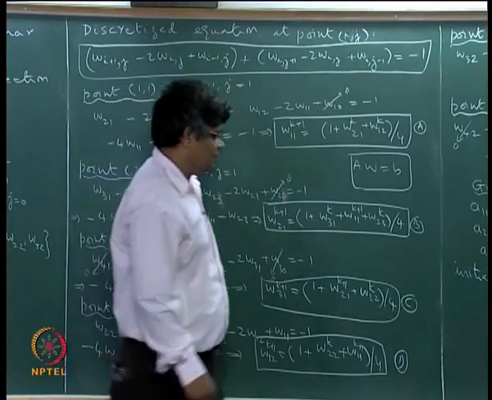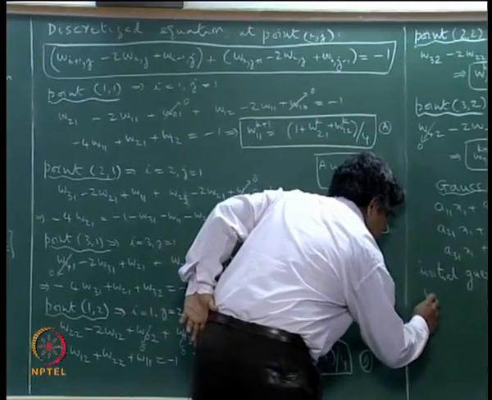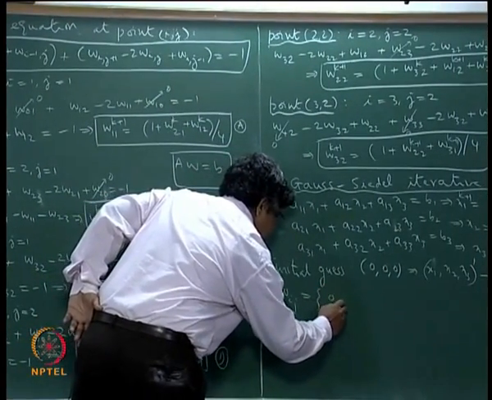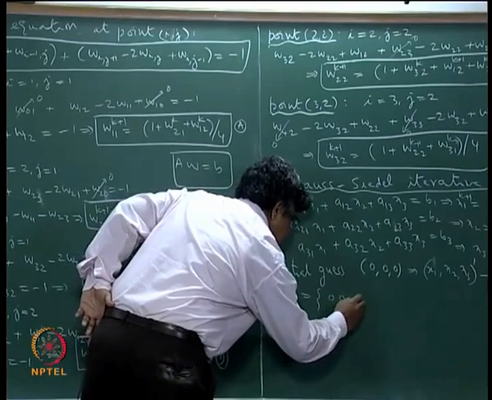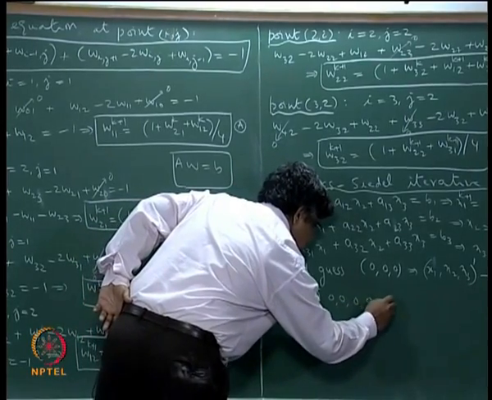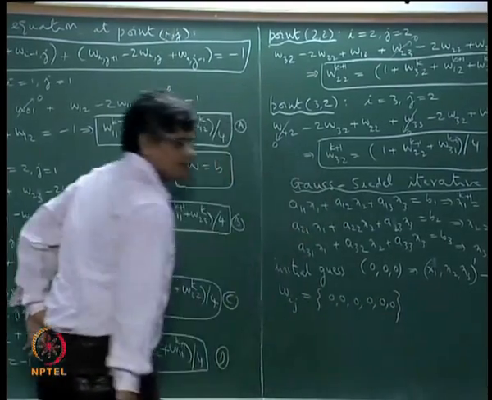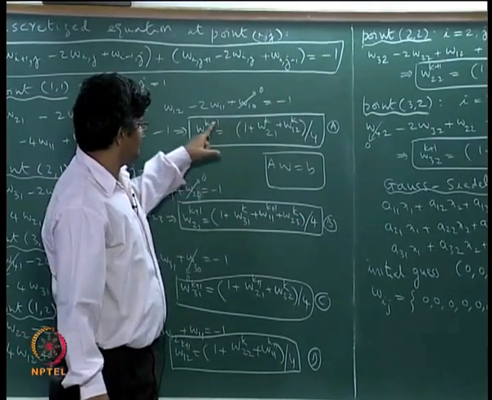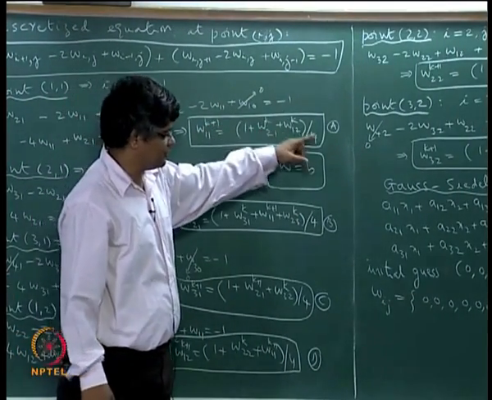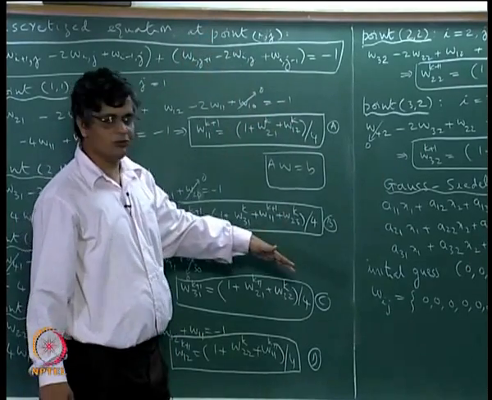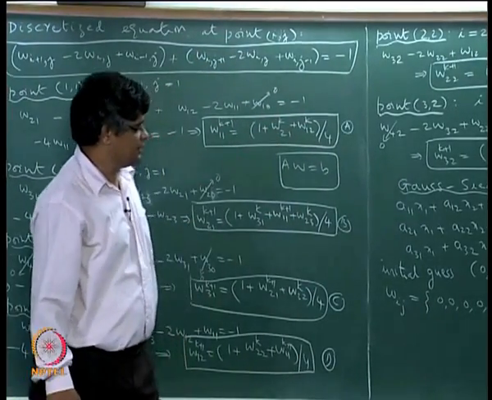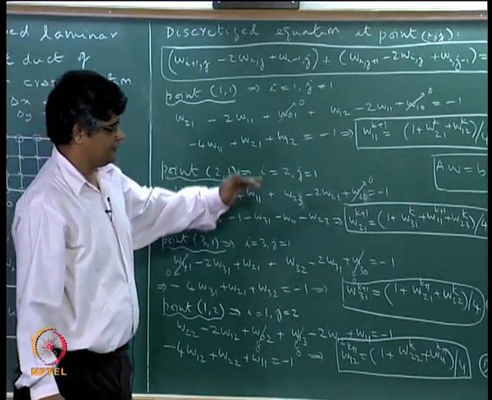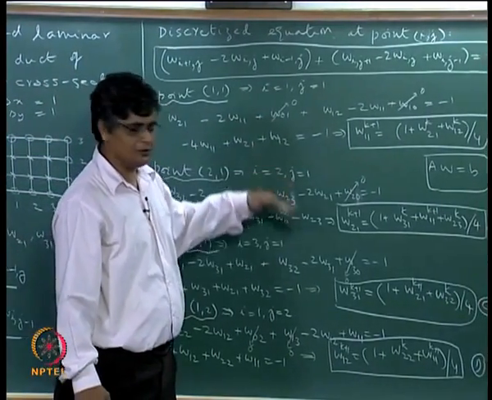So we start with the initial guess Wij equal to 0, and then we generate the solution at the end of the first iteration, second iteration, third iteration like that, and as we keep on going we will see how we will be getting a converged solution.